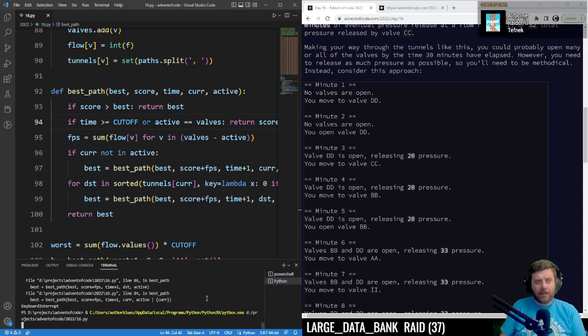Like if I can get it to give me one of those solutions as quickly as possible, that'll give me a decent best that will preclude so many paths.